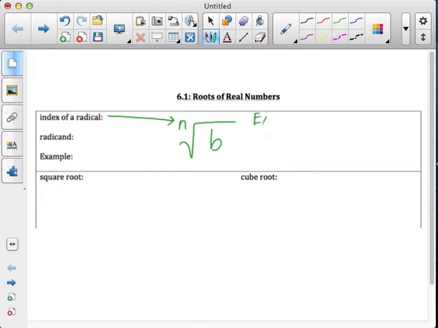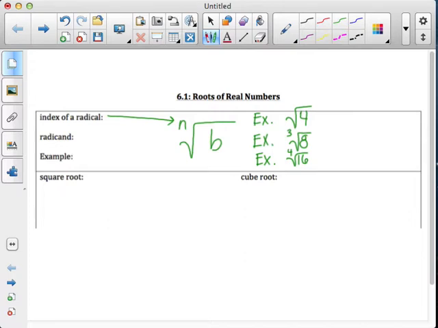So for example, I could have a square root of 4. The index is 2. I could have cube root of 8. The index is 3. I could have the fourth root of 16. The index is 4. When you have no index, the index is automatically 2.